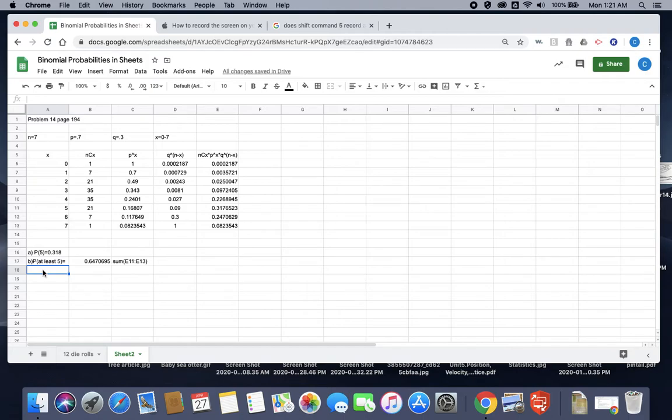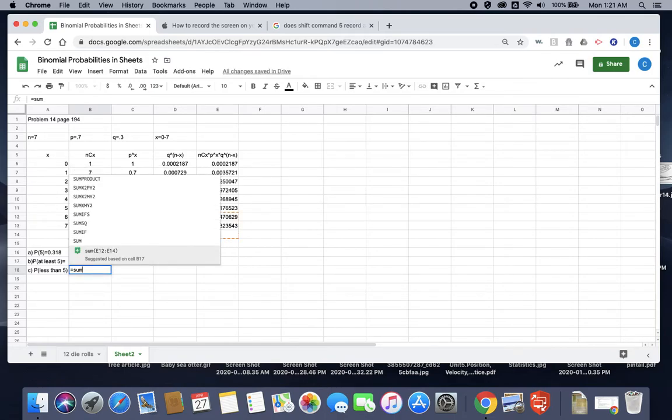Lastly, less than 5 patients. C wants the probability less than 5. Again, we're going to do a sum to do that. Equals sum, parenthesis.